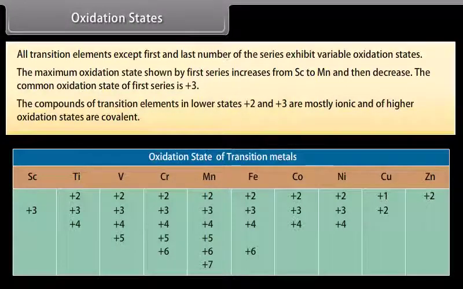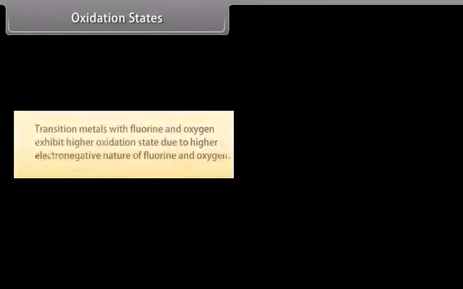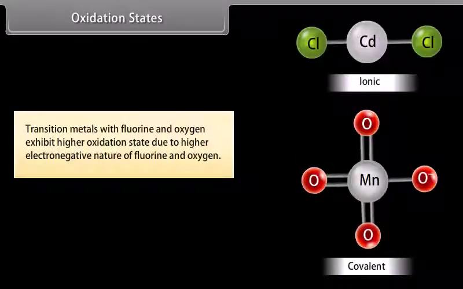For example, ZnCl2 and CdCl2 are ionic in nature and Cr2O7^2- and MnO4^- are covalent in nature. Transition metals with fluorine and oxygen exhibit higher oxidation state due to higher electronegative nature of fluorine and oxygen.